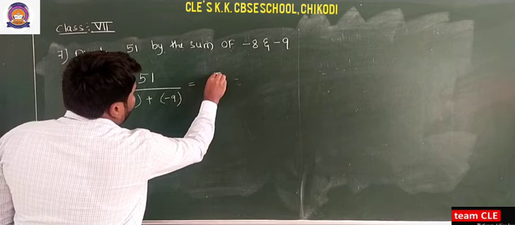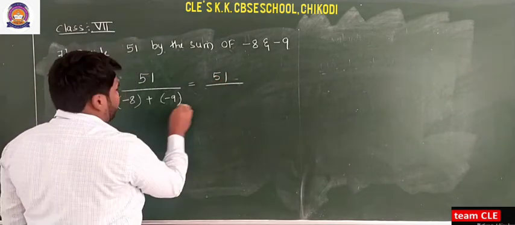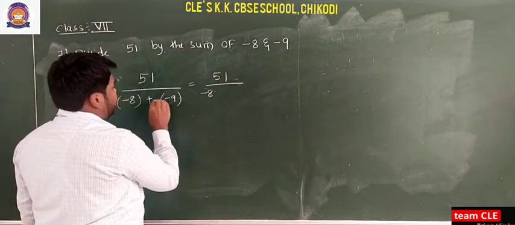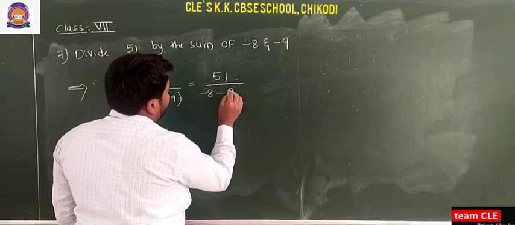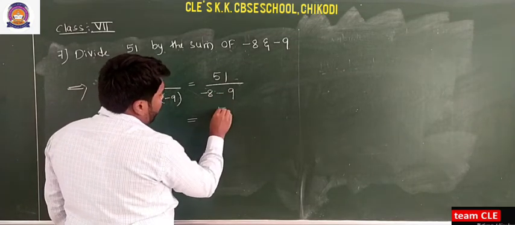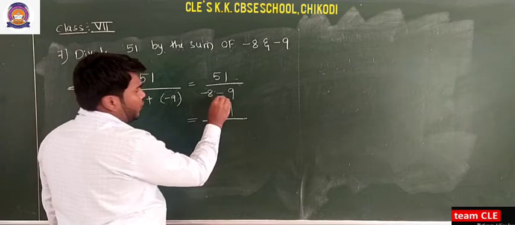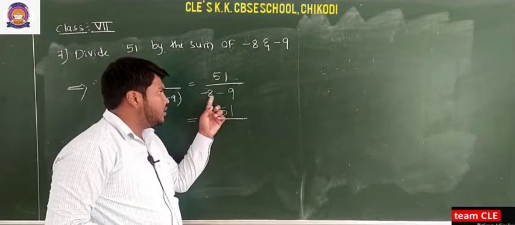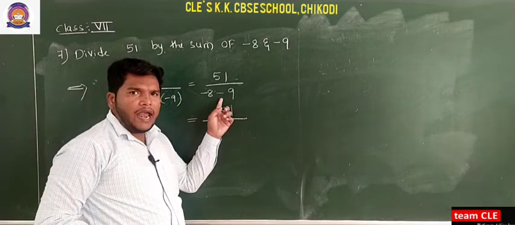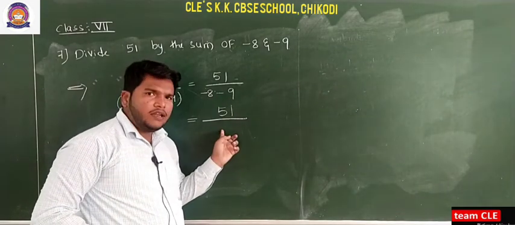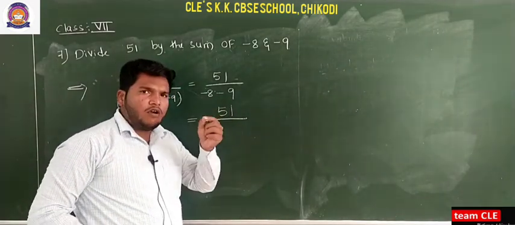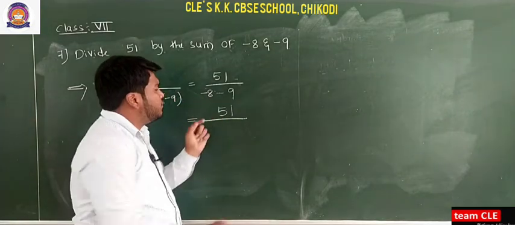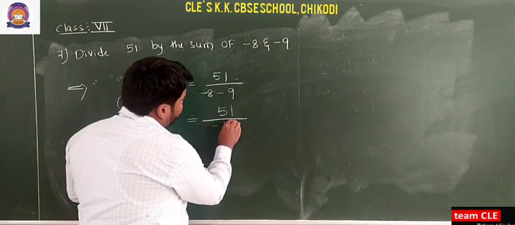So we can write 51 divided by minus 8, plus into minus is minus, 9. Whenever you are adding two negative integers, that is case 3, you have to add them and keep the minus sign as it is. So 8 plus 9 is 17, so it is minus 17.